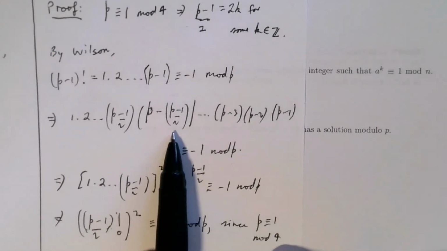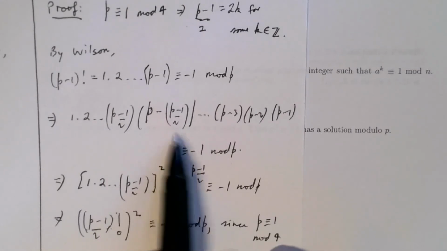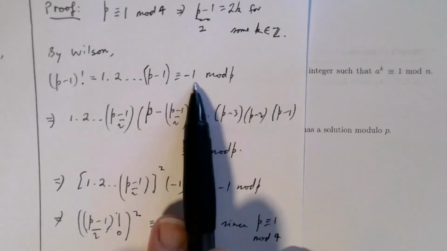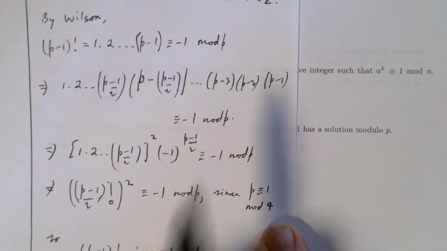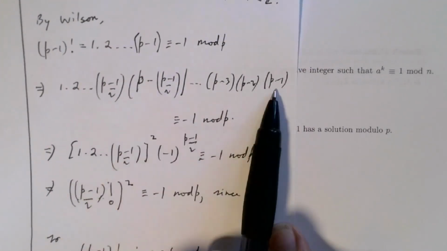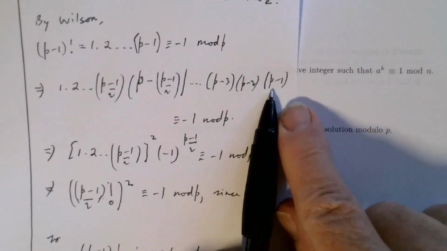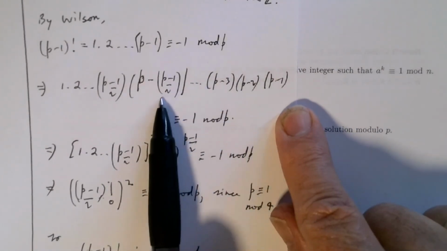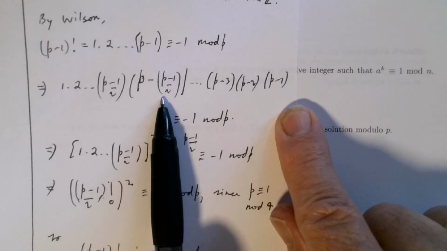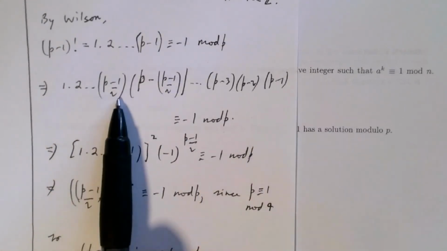Now, if you read this modulo p, then looking from this end, and by the way, this is all still congruent to minus 1 mod p by Wilson. Now, if we start looking at the brackets this way, p minus 1 modulo p is just minus 1. p minus 2 modulo p is minus 2, and so on, all the way up, which of course are all of these numbers again, but with a whole string of minus signs.